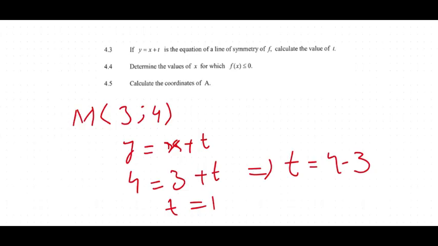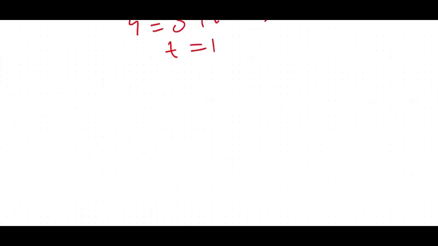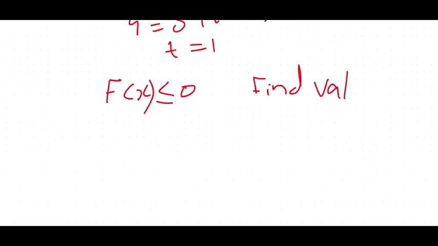So how can we find the value of x? We first find the x-intercept by setting f of x equals 0, okay?